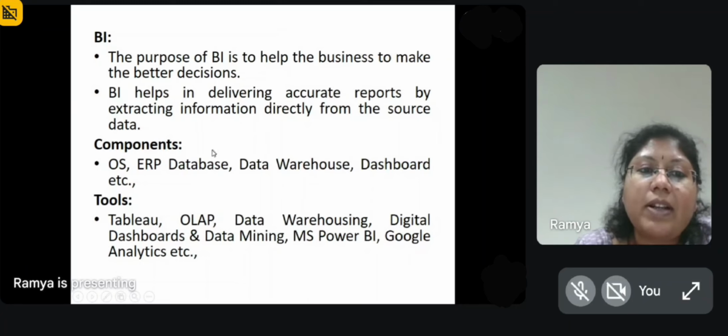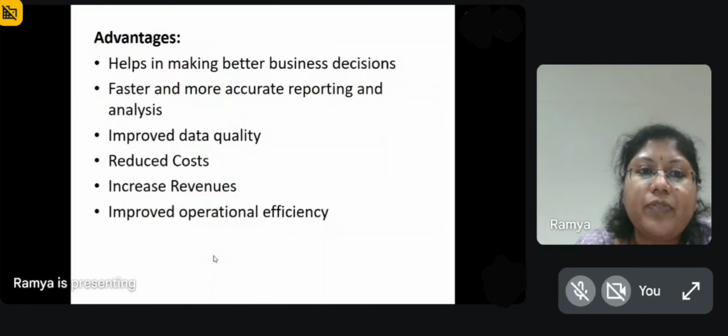More components are used for BI, and similarly, the tools used to support business intelligence are Tableau, OLAP, data warehousing, digital dashboards, data mining, MS Power BI, Google Analytics, etc. So these are the tools which support BI. The advantages of using this are that it helps in making better business decisions, faster and more accurate reporting and analysis, improved data quality, reduced cost, increased revenues, and improved operational efficiency.